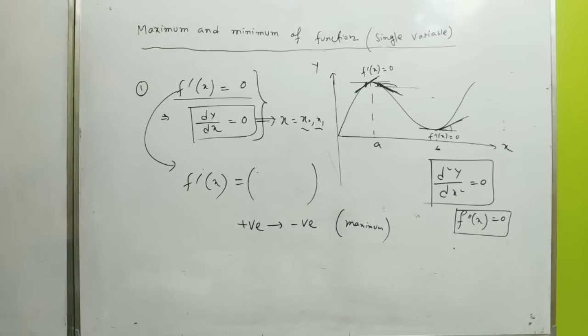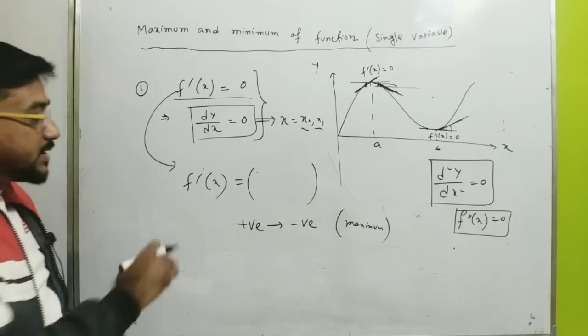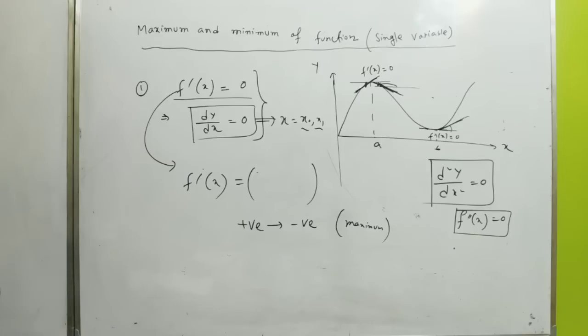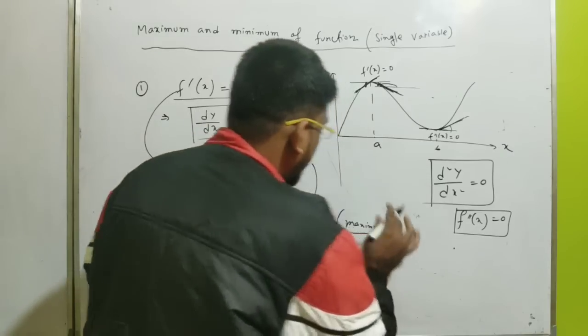I will give you some example, then you can understand. So it must have a maximum value if it changes sign from positive to negative. So in that case, it is a maximum value. I will take some example later on.